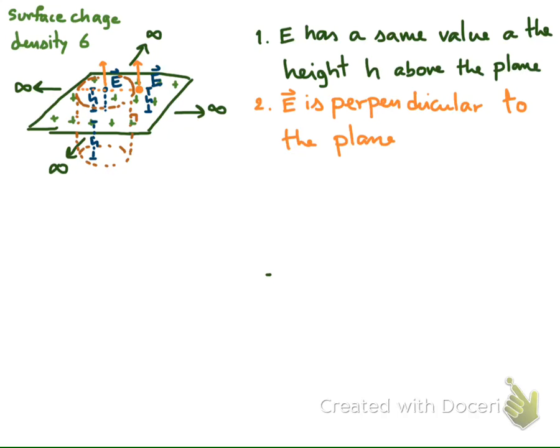And the same, which is h. Okay, this means that if we look at the bottom surface, we will also have the electric field pointing perpendicular to the plane like this also.